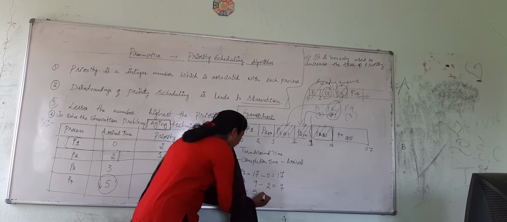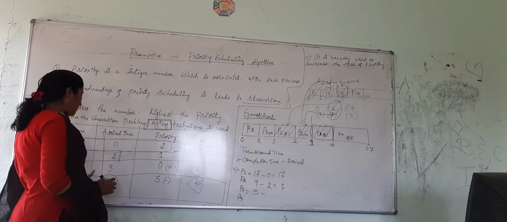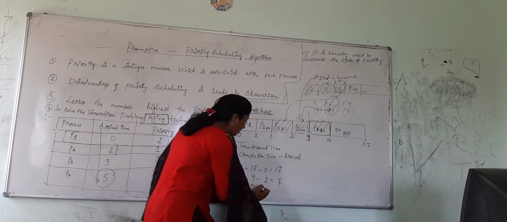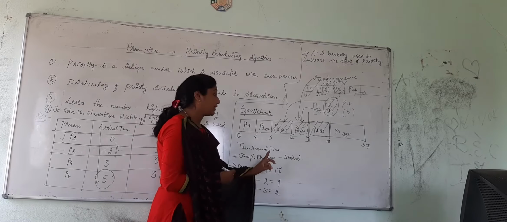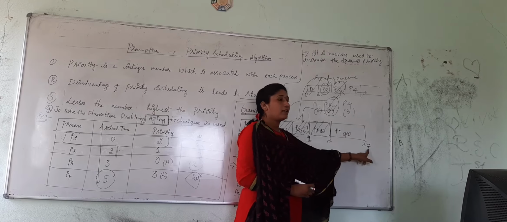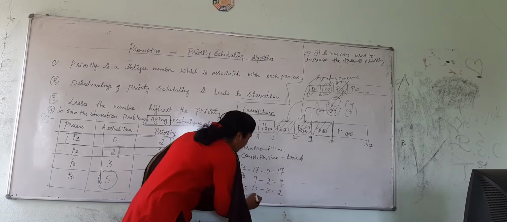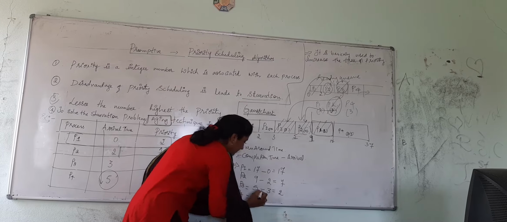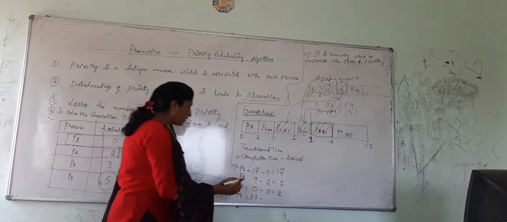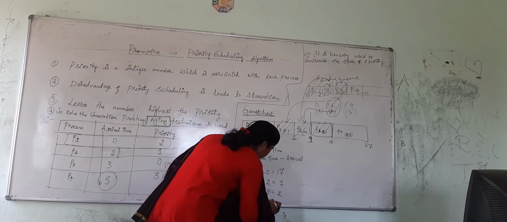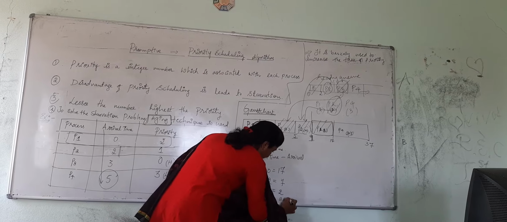What is the arrival time? The arrival time of P3 is 3. 5 minus 3 is 2. P4, where did it complete? 37, right? 37 minus the arrival time of P4, which is 5. That is 32.